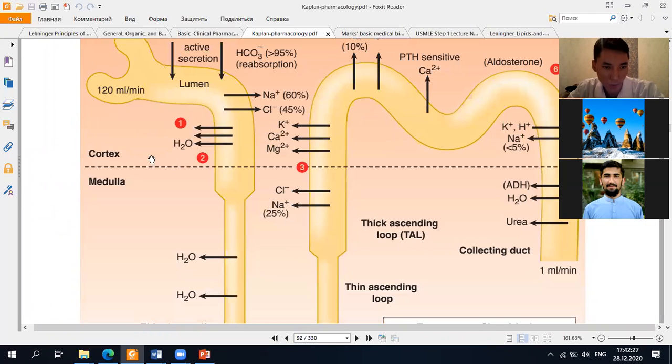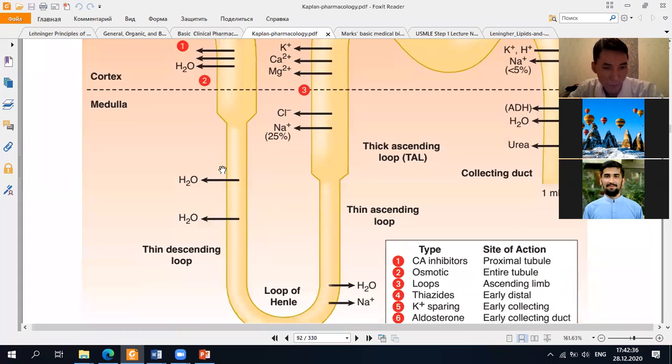And here, this is the cortex area of the nephron. And there is also the medulla area too. Now, a loop of Henle is actually located in the medulla part. When the glomerular filtrate is going downwards, there will be a reabsorption of water mostly, because there are some permeable membranes.